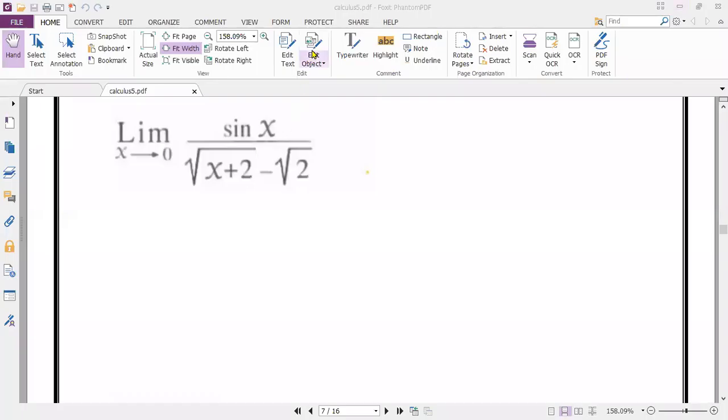Don't forget multiplying by the conjugate. I have here sine x over the square root of x plus 2 minus the square root of 2. So multiply it by the conjugate.